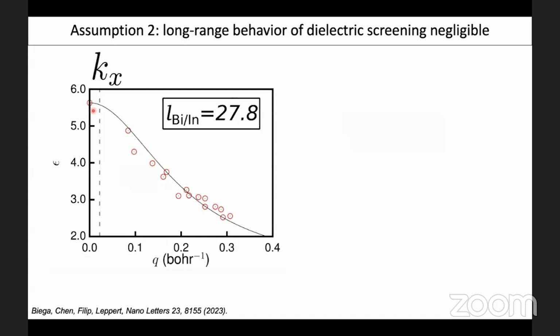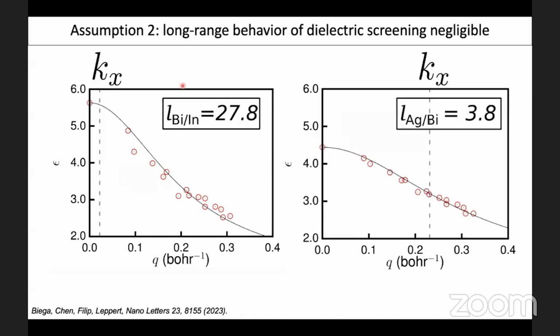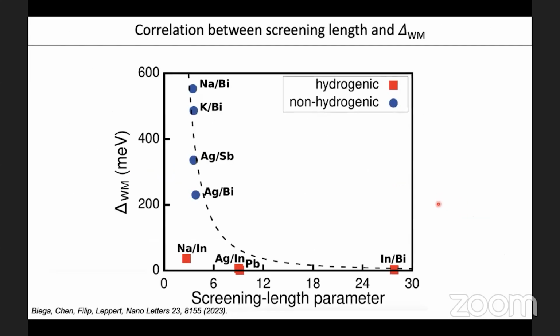So that means that the exciton here is just seeing the dielectric constant of the medium, of the semiconductor, whereas in silver bismuth, Kx is far more out here, so that the exciton sees much more of the long-range variation of the dielectric screening. And that's basically the second assumption of the Wannier-Mott model that breaks down in non-hydrogenic materials.